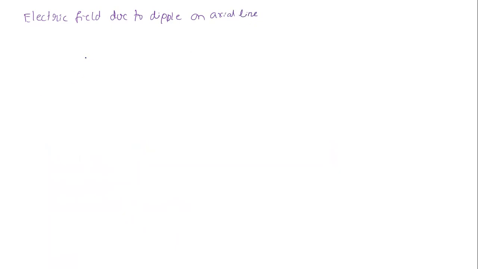Okay, let us consider a positive charge and a negative charge, and these two are separated by some distance. As we know, let me take this point A and this point B. The distance between point A and point B will be 2a, and that is the center of the dipole. Try to understand the diagram very clearly.